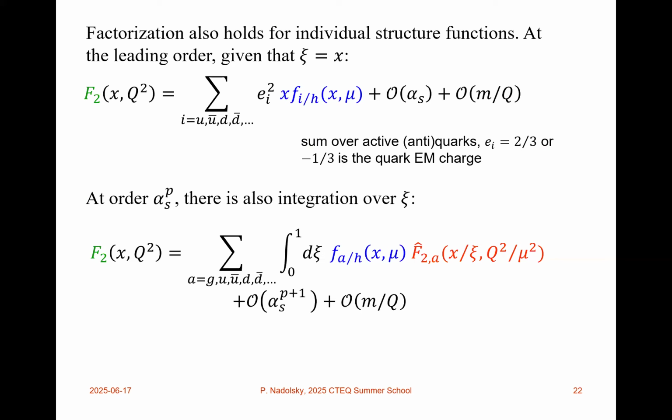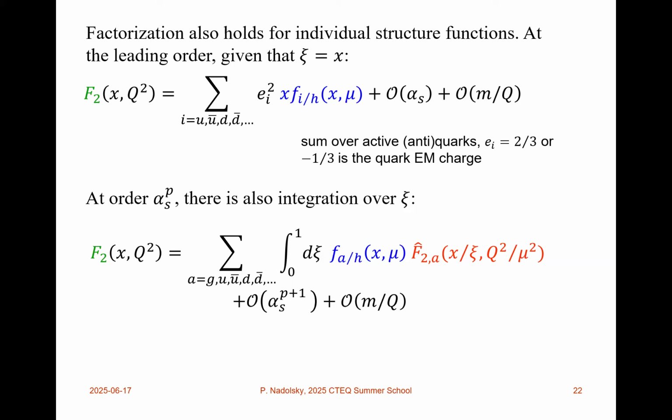If we work at the leading order, C is equal to X, so F2 is easy to calculate, and all the prefactors are very simple. F2 is simply equal to the sum of X times F_i of H, where i only runs over quarks and anti-quarks, times the fractional charge of the quark squared. This is the leading order term.